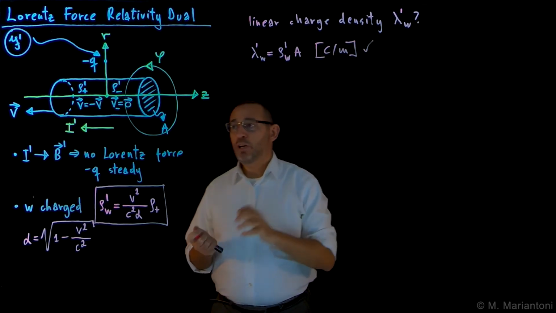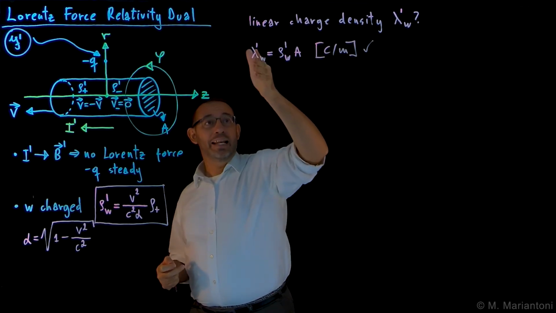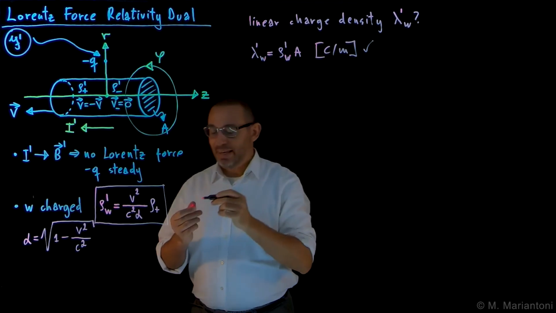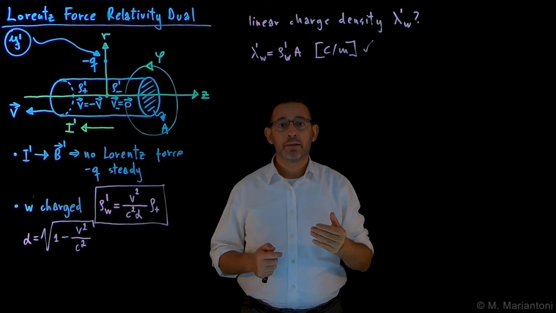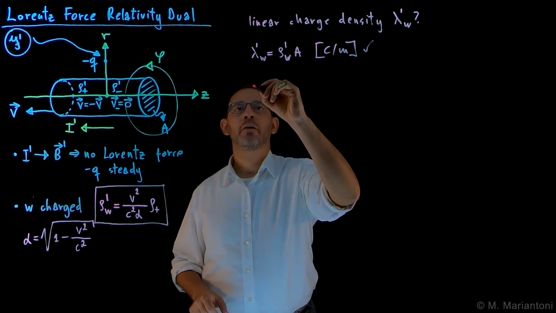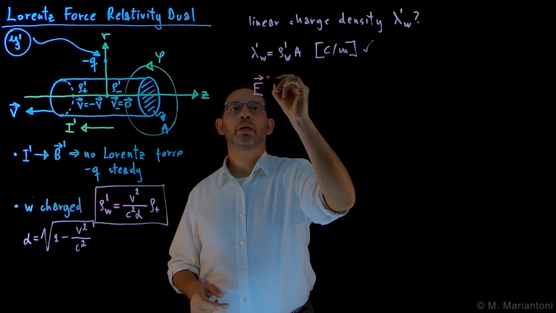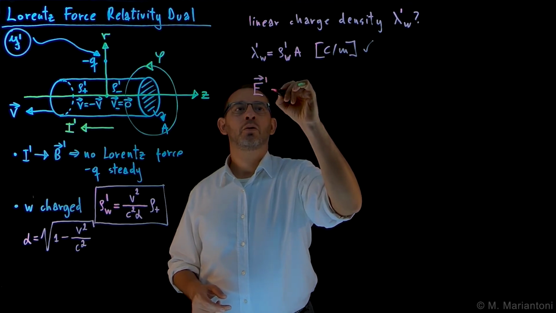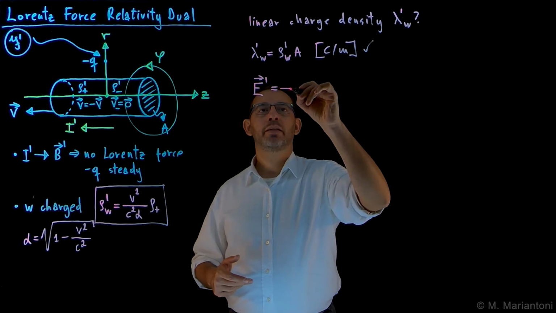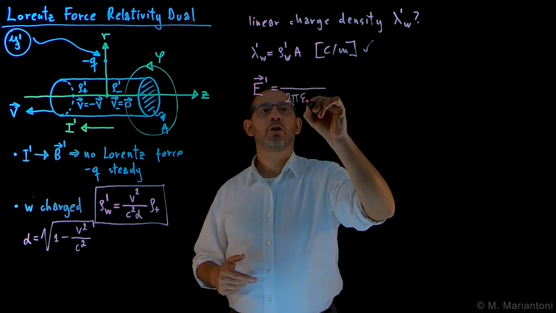All right, so now we know that we have a quasi-filiform wire, indefinitely long, with a lambda w prime given by this equation here. So we can clearly calculate the electric component of the Lorentz force. First of all, we want to compute the electrostatic field E prime due to lambda prime. This we calculated in the beginning of 242 in many different ways. The result, I remind you, has in the denominator 2 pi epsilon naught r.